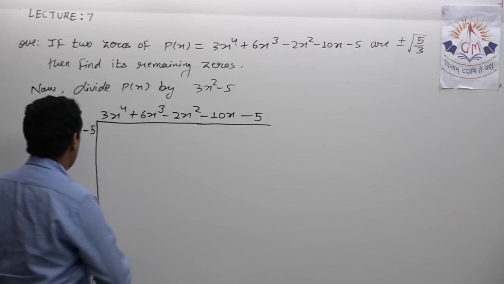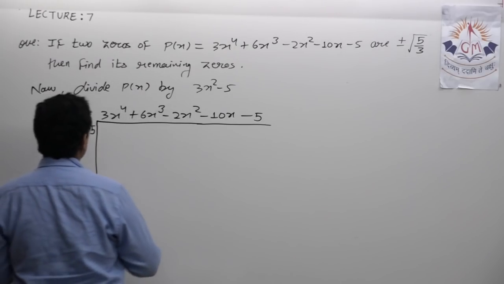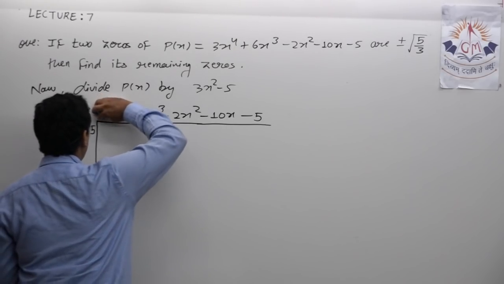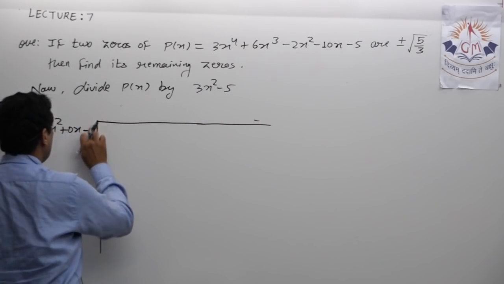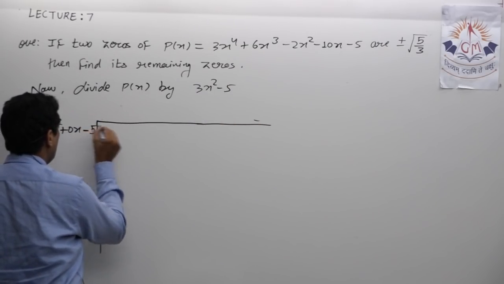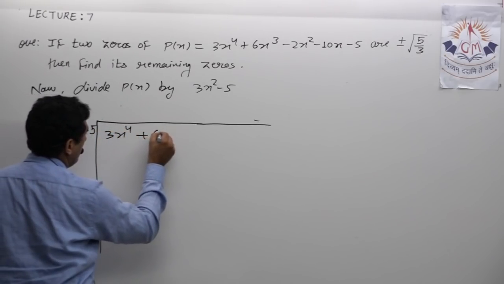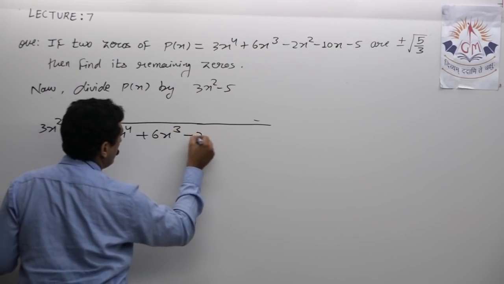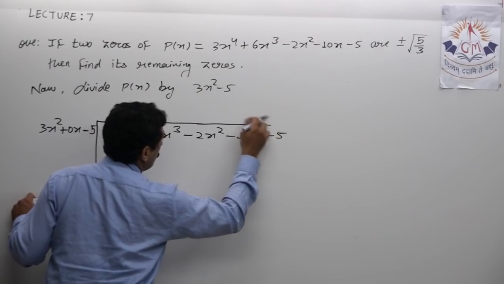Now we'll start. Okay, I committed a mistake. This actually I have to write below this line, because this is the dividend. So here we have 3x raised to 4 plus 6x cube minus 2x square minus 10x minus 5.